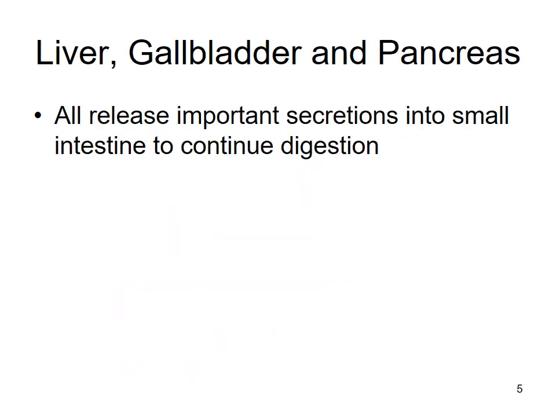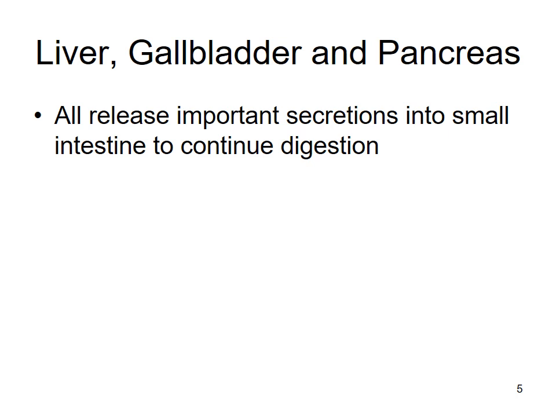We also see that as the food becomes bolus, becomes chyme, and moves from the oral cavity into the pharynx, into the esophagus, into the stomach, we have several accessory organs that come into play, that allow for secretions to enter, that will increase the amount of absorption and nutrients that we can extract from our food.